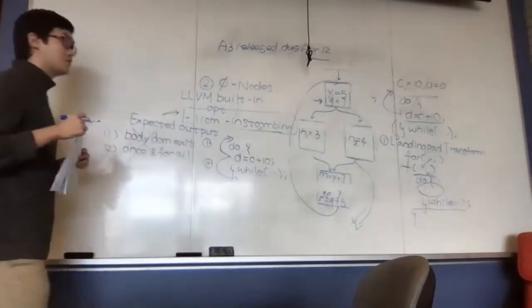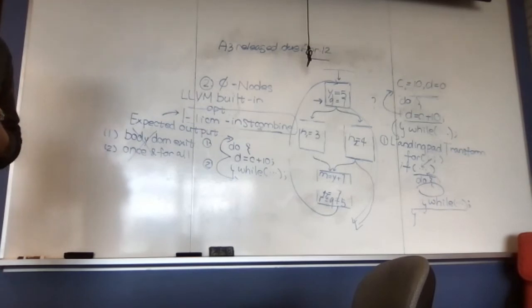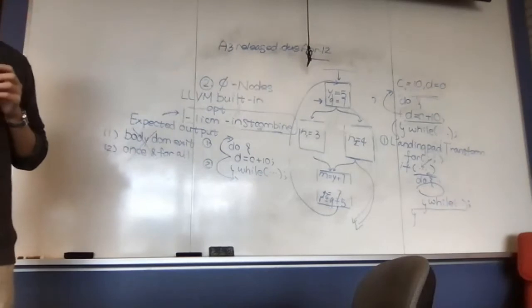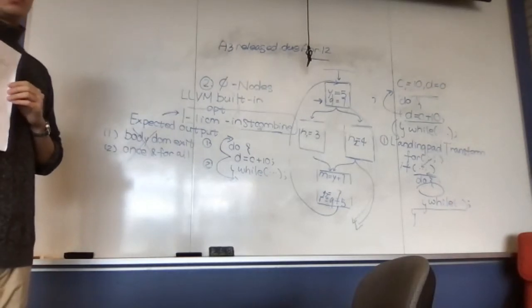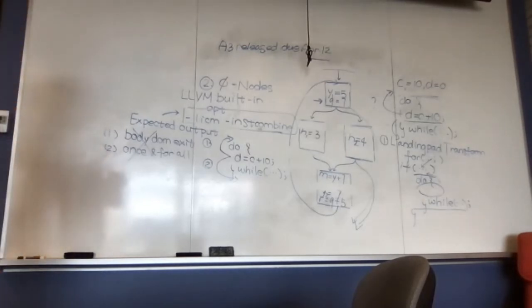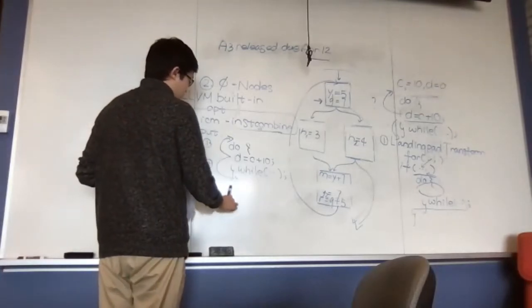Which one do you think is a better solution in this case in terms of loop invariant code motion optimization? Anyone? Assuming that the only use for D is outside of this loop.